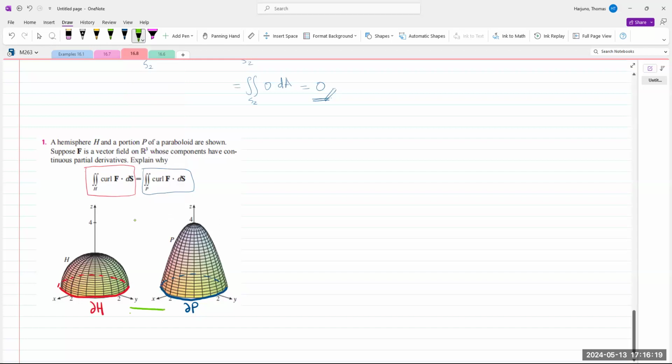They're equal. Which means this equals the integral over the closed curve, the boundary of H, which is also the boundary of P, of F dot dr.